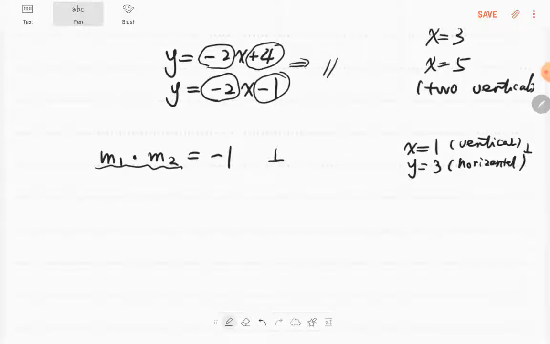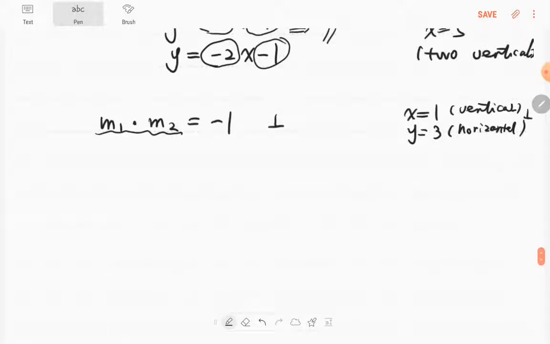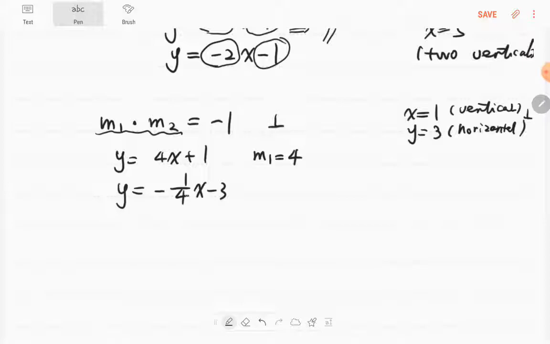Let's check. If we have this line and this line, based on these two lines, we know they have slope, right? The coefficient for x is 4. So this is m1. And this is our m2. So first step, we already realized they are not the same number, so they will not be parallel to each other.